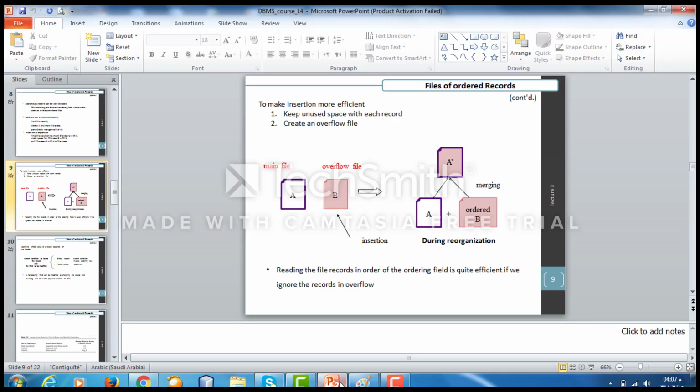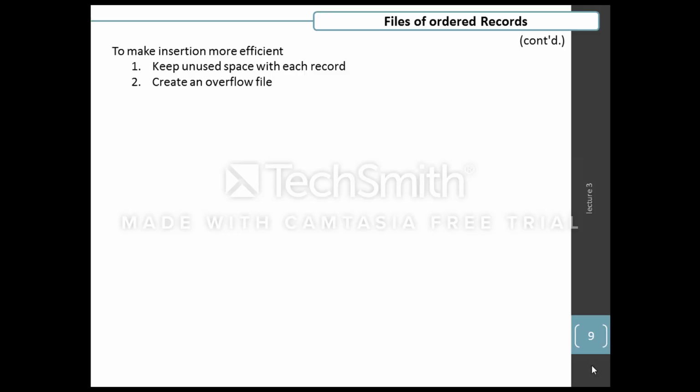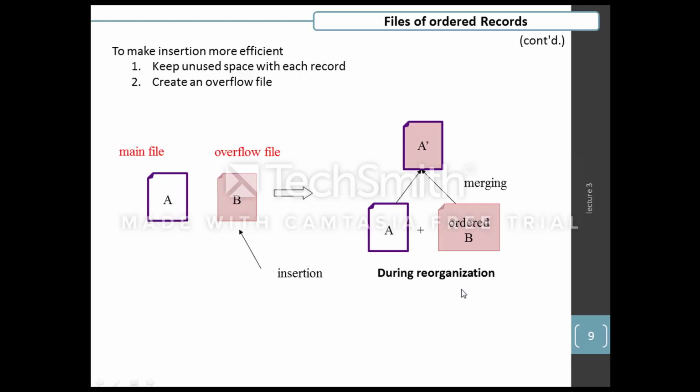So we go to the second way, which is creating an overflow file. As we said, the first one doesn't work. In this technique, the actual ordered file is called the main or master file.